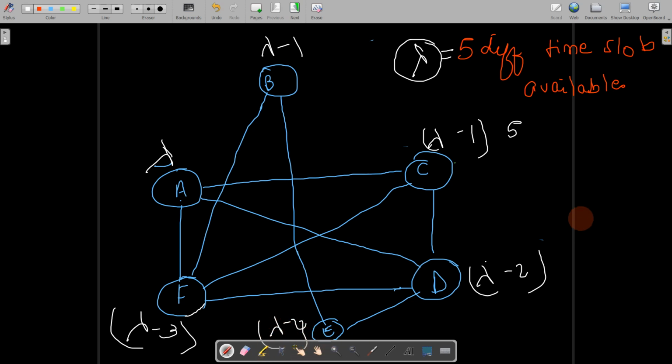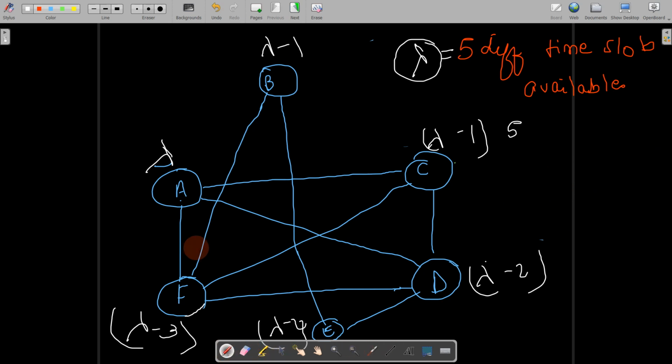So all possible different assignments of time slots that can be given to all these subjects of exam is the multiplication of all these possible ways, right? So that would be lambda into lambda minus 1 how many times? 2 times. Lambda minus 2 how many times? Okay, I will write it more neatly.